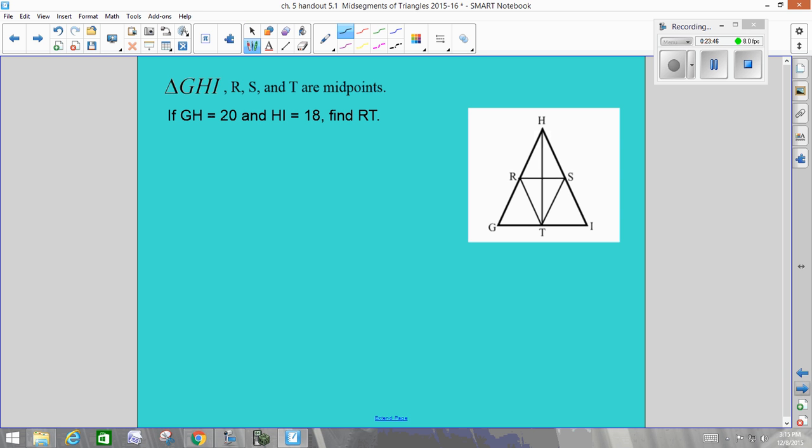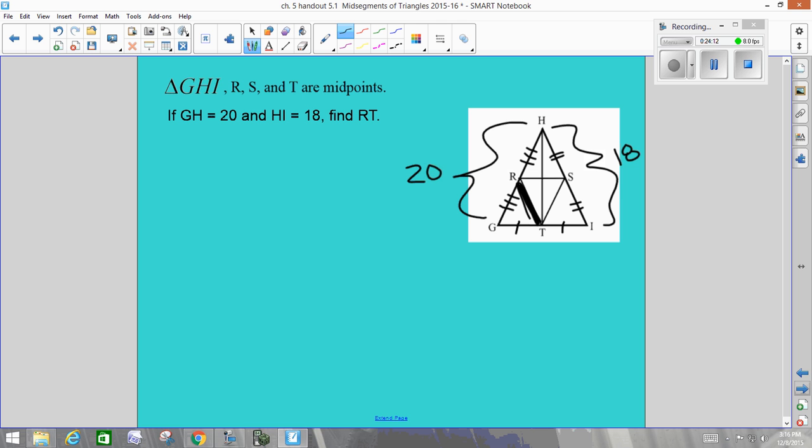For this one, R, S, and T are midpoints. So I know that these things are congruent. Then it tells me that GH is 20. HI is 18. And we're supposed to find the length of RT. What do you think, Nick?